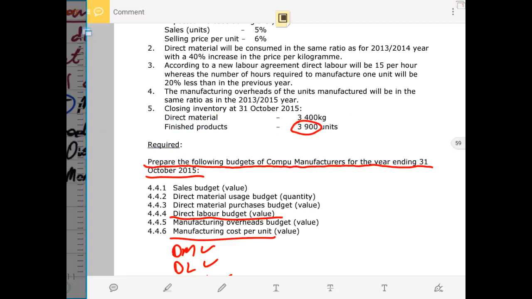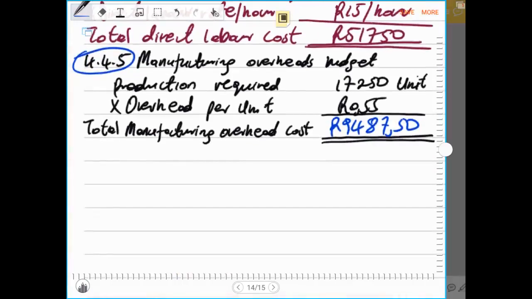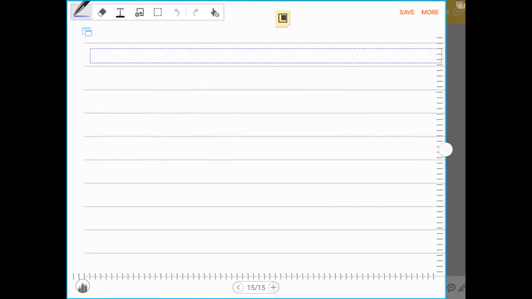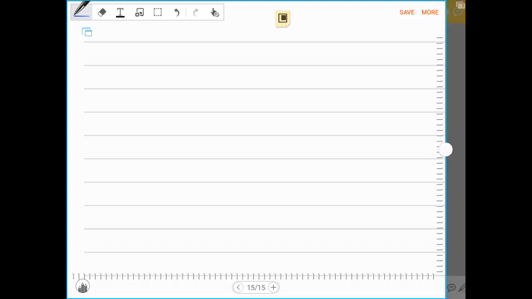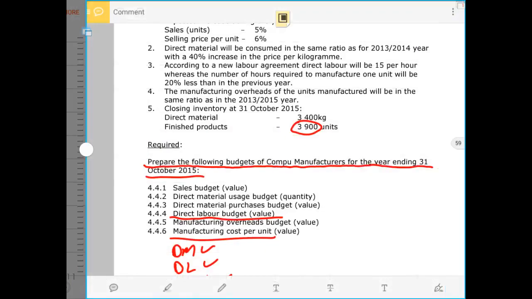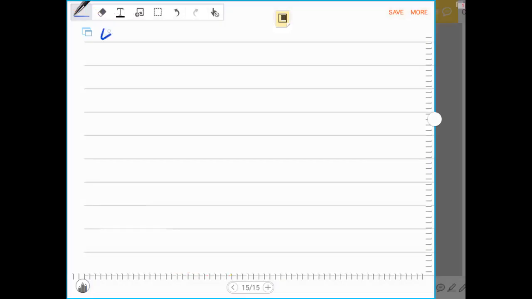So now let us go straight to our calculations. Let us go to a fresh page. We calculate our manufacturing cost per unit. That is 4.4.6, manufacturing cost per unit, and it must be per unit.